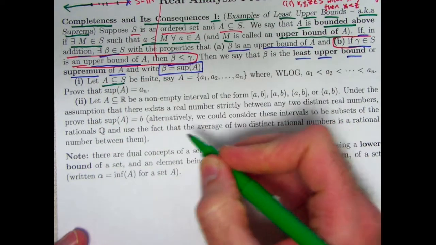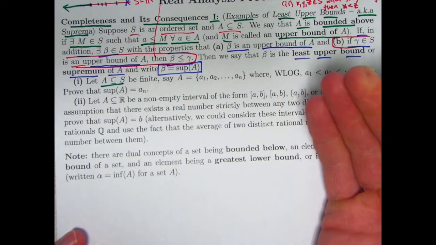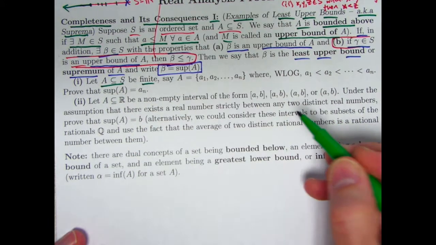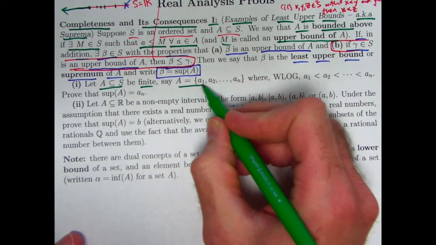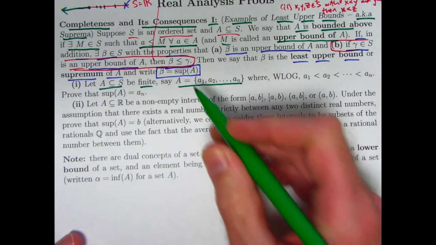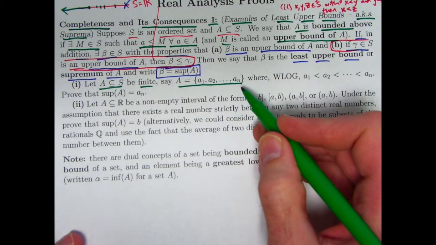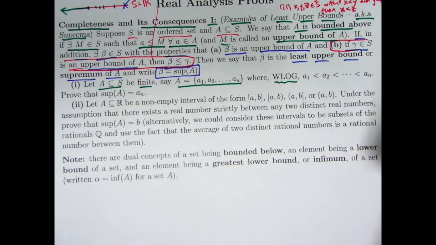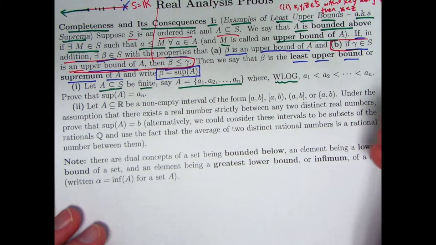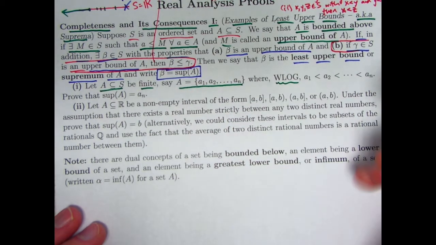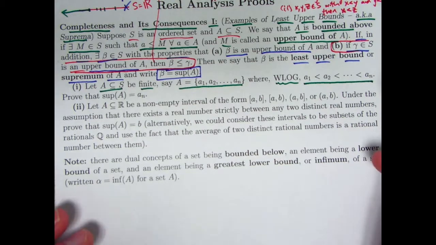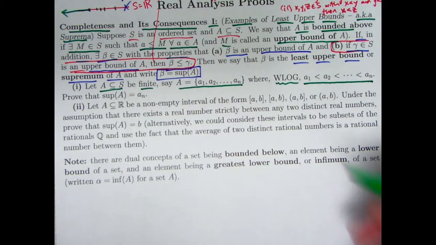Here we are in an arbitrary situation. S is an arbitrary ordered set. A is a subset of S that is finite. Let's say it's got n elements and that these are the distinct elements. In an ordered setting, without loss of generality, because these are arbitrary symbols anyway, you can assume a1 is less than a2 is less than a3, and so on, ultimately less than an.